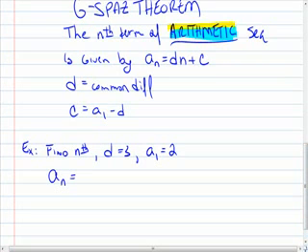So it's supposed to be dn plus c, and d is 3, so it's 3n. Now as for the plus c, our c is the first term minus the common difference. 2 minus 3 is -1. So the nth term is 3n minus 1.